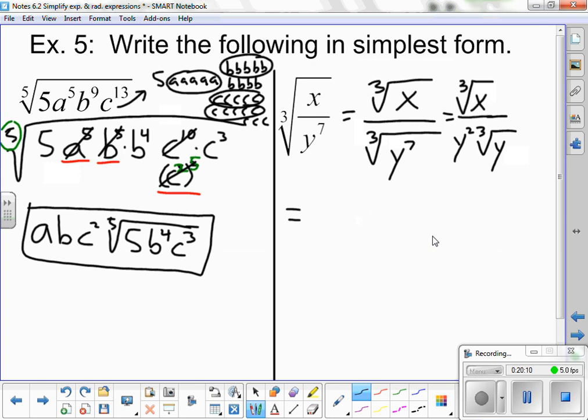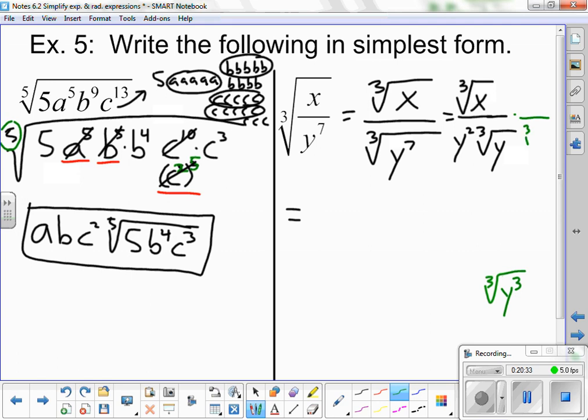And now I need to rationalize that cube root of y. So for that cube root of y, what we're going to do here is we got one y down there. We need to multiply by a fancy 1. So let me put this off to the side. So fancy 1, what I need is cube root of y cubed. Right now I got cube root of y.